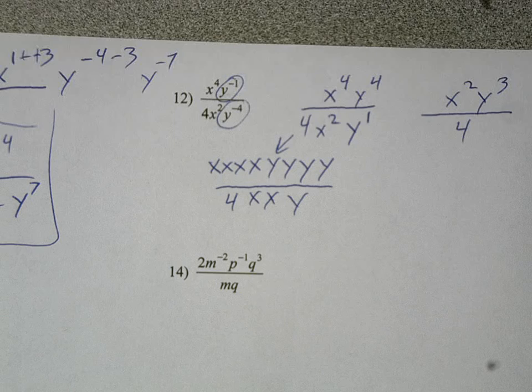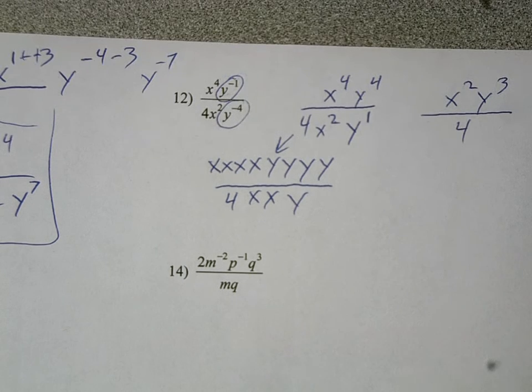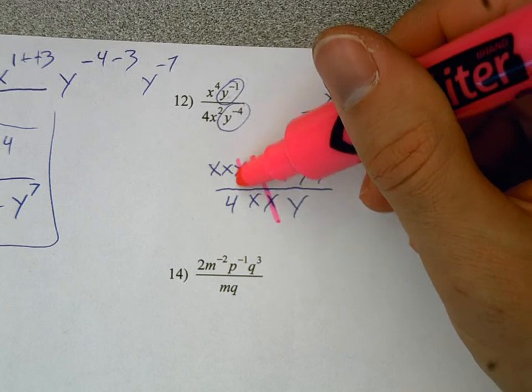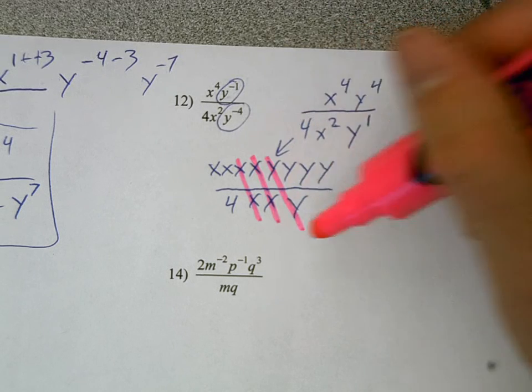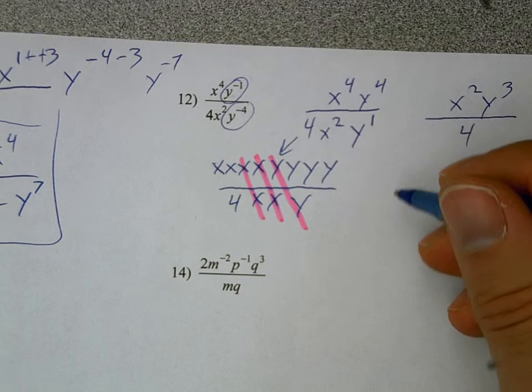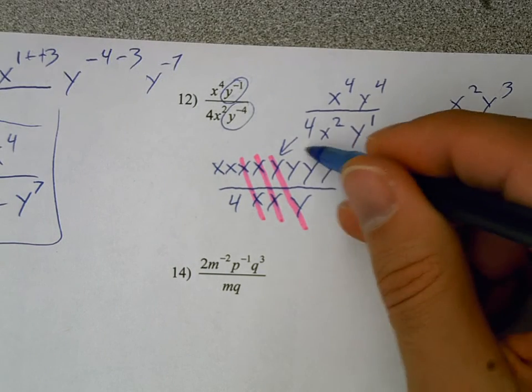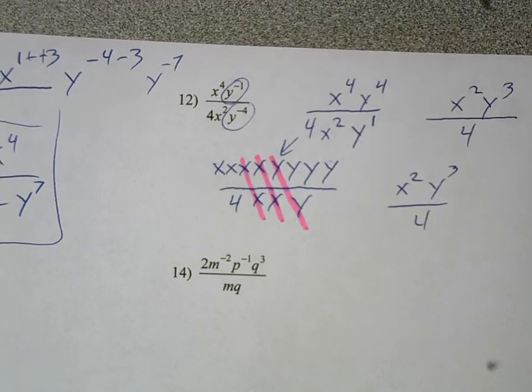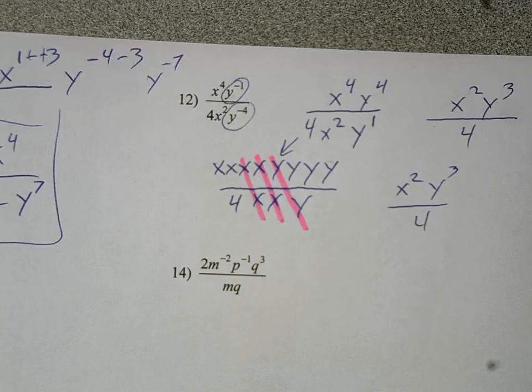If you want to write it out like this so that you can see, oh, I can cross off one set of x's, another set of x's, and one set of y's, I'm left with 1, 2, x squared, and 1, 2, 3, y to the 3rd over 4. Same answer we got the other way. It looks different, but it's doing the same thing. Just requires a whole lot more writing.